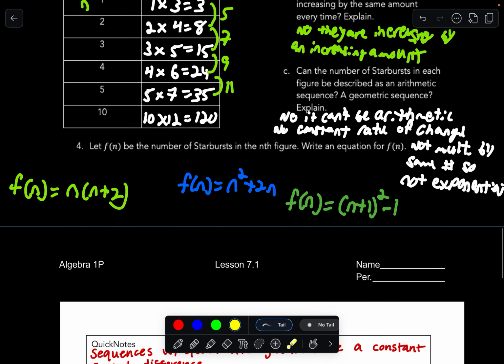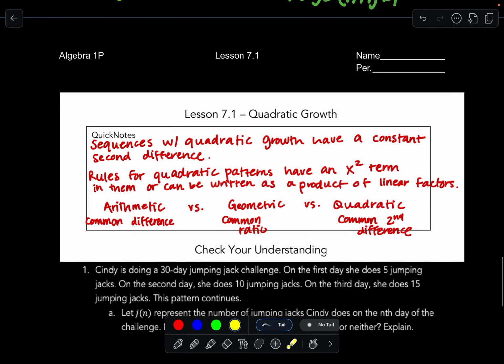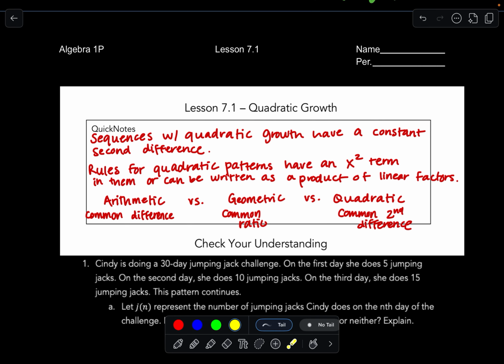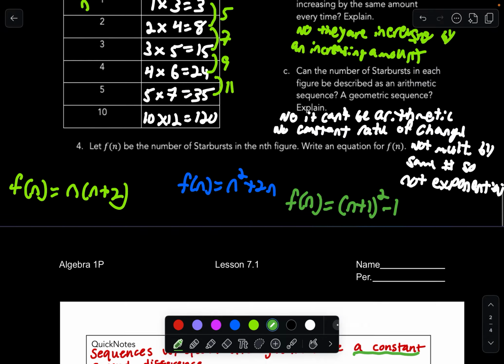Okay. Here are the quick notes, the important pieces of information. Sequences with quadratic growth have a constant second difference, which means I need to go back and show you something, which I did not.